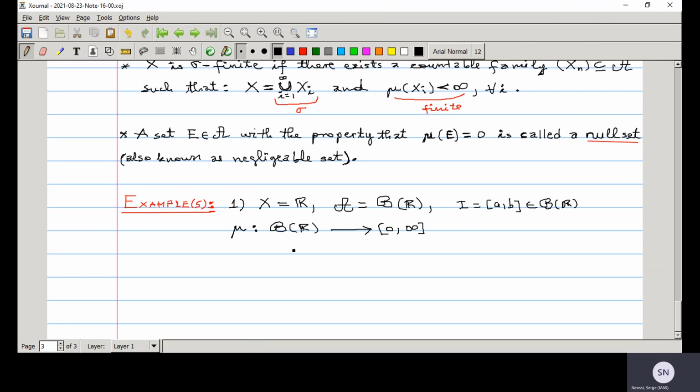We know already all the forms, we know the structure of that. So if I take an element here, I associate mu of A, which is the length of A. So this is a measure.